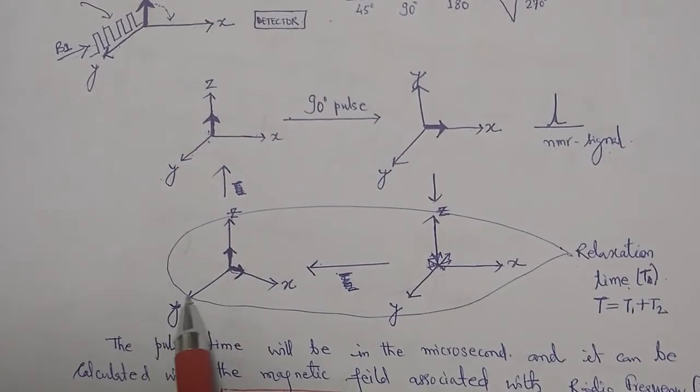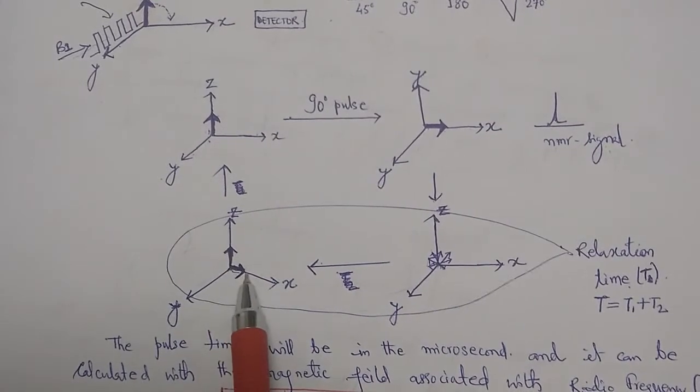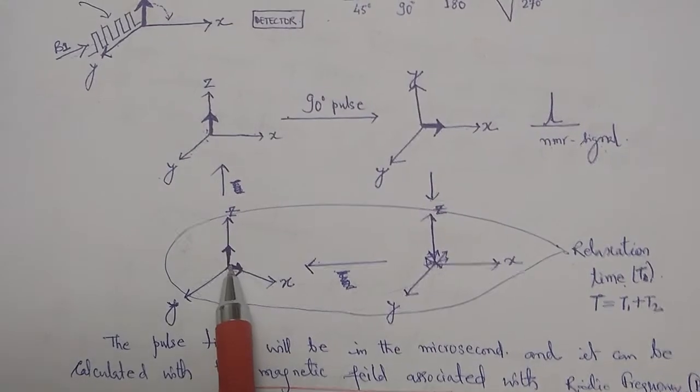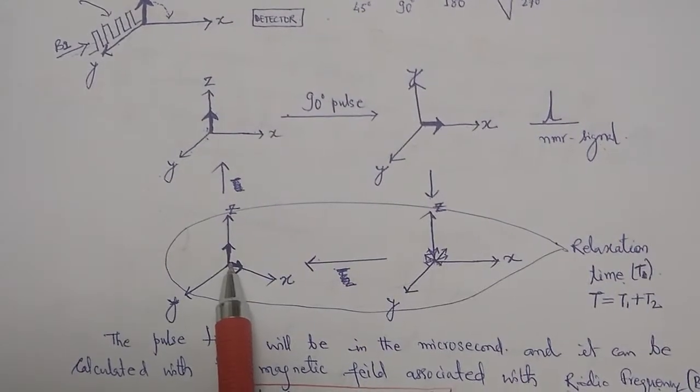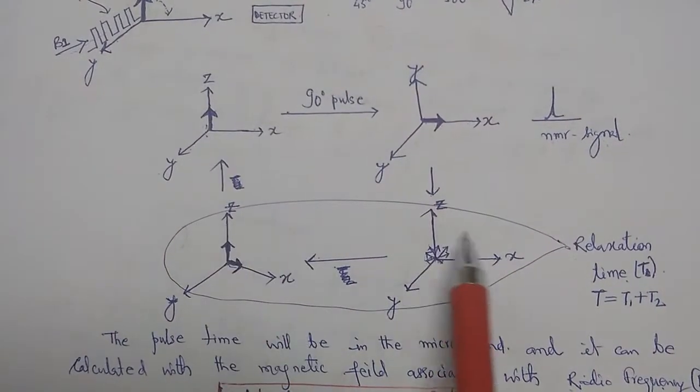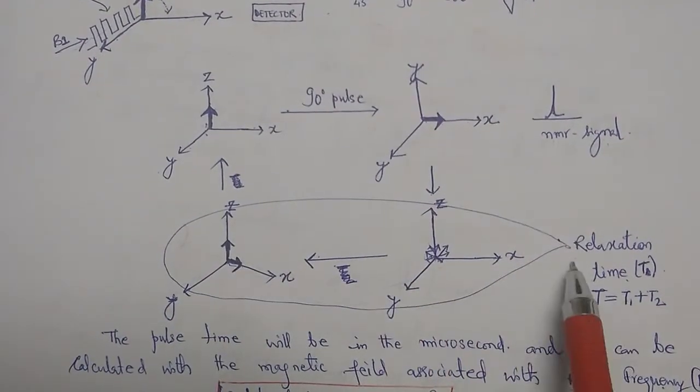Since the pulse is coming from the y direction, both of them will get distributed to the x and z direction equally, and again it will go back to the z direction. So this whole process is called the relaxation time.